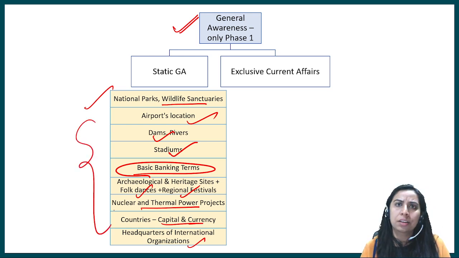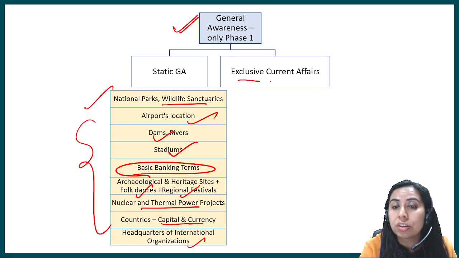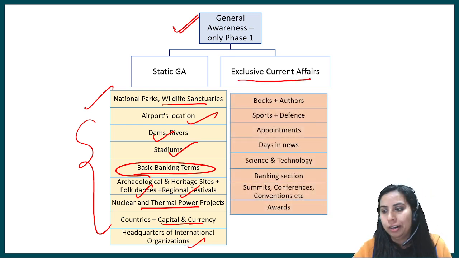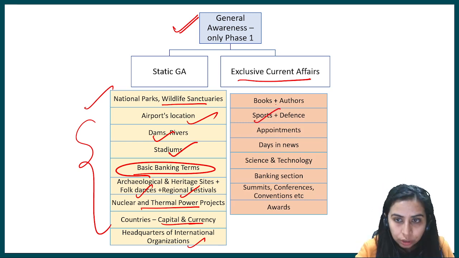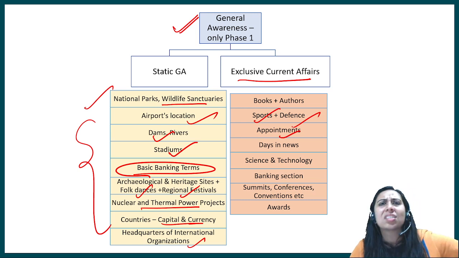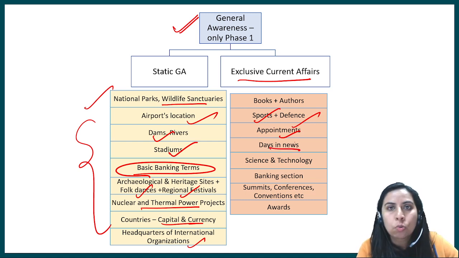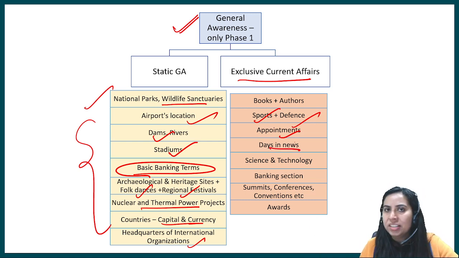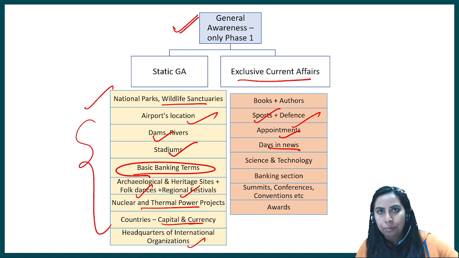These are not asked in phase 2 because they are not related to your syllabus directly, right? Then exclusive current affairs, again not related to your syllabus of phase 2: books and authors, sports section news, defense, appointments of persons to any post or retirement for that matter, persons in news, days in news, like which day is celebrated as National Youth Day, and when.